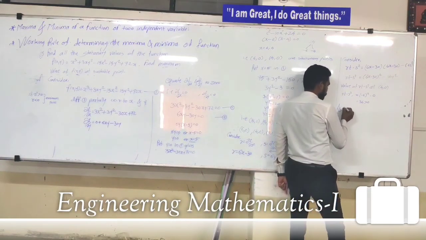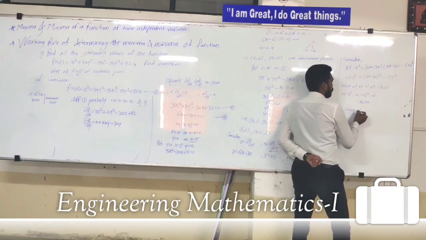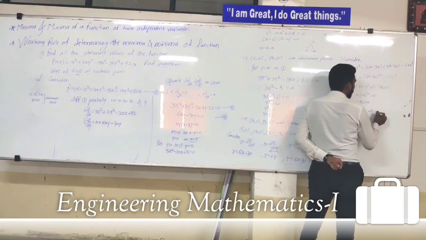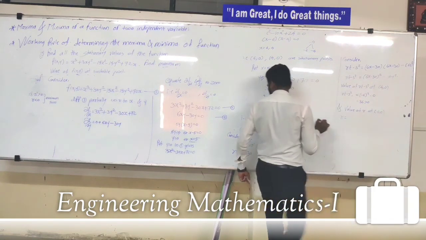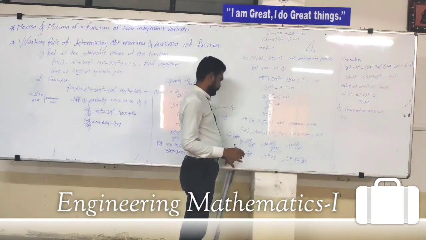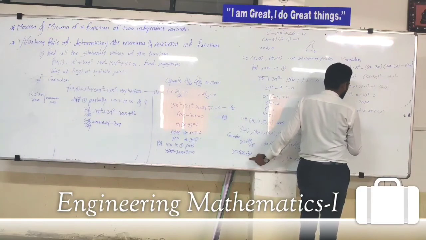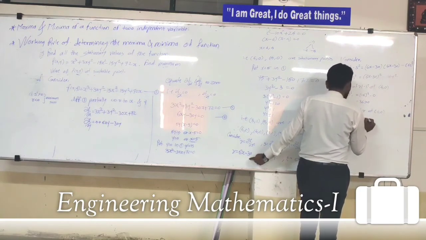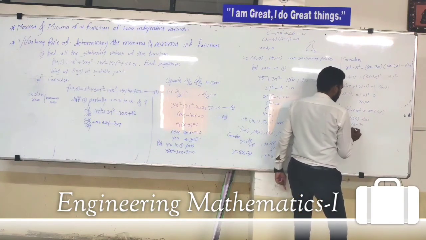And value of r at 4, 0, at point 4, 0, which is r is equal to 6x minus 30, मग x ची व्हॅल्यू काय आहे, 4, so 24 minus 30, which is minus 6, which is less than 0.